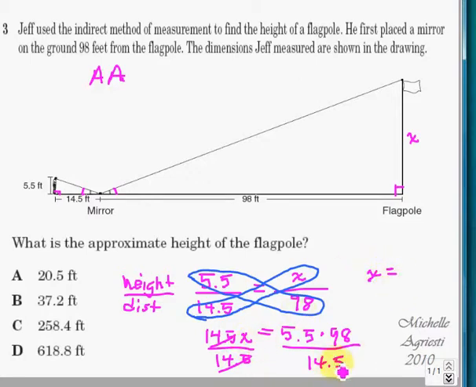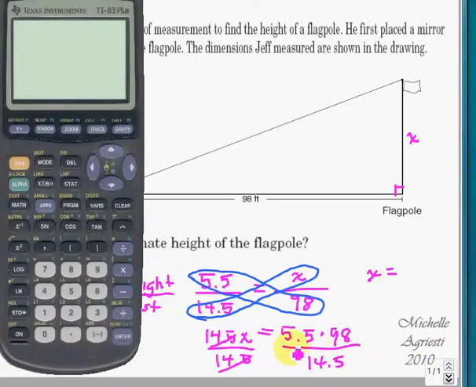And we'll just get the calculator and work this out. So I need 5.5 times 98, all that divided by 14.5.